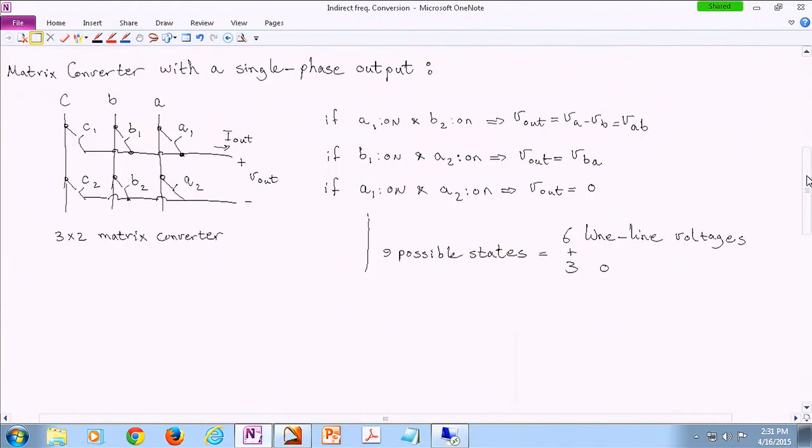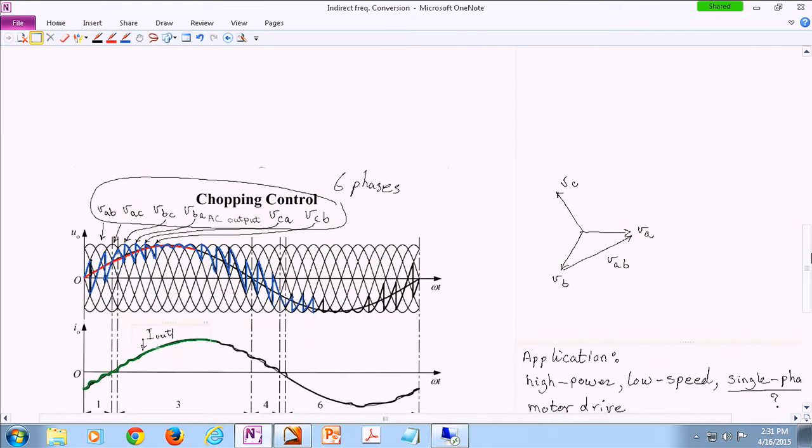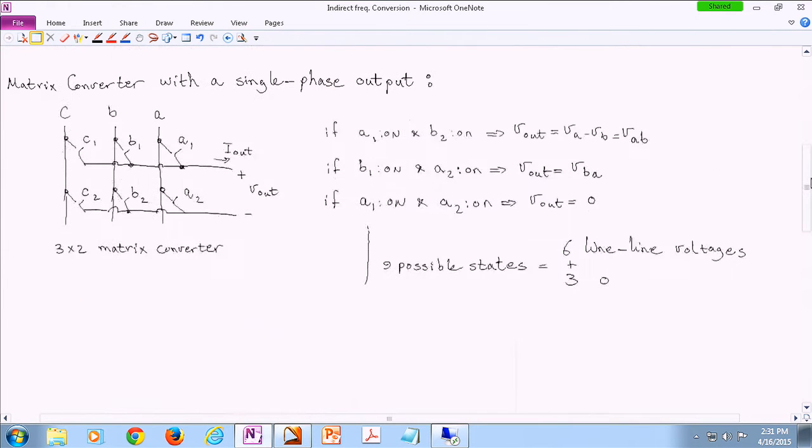If we are following VAB, that means A1 should be on and B2 should be on. Then we want to switch to VAC, that means A1 remains on, no problem, but then C2 should be on. So at this particular jump that I have highlighted, we have to instantly turn B2 off and C2 on.